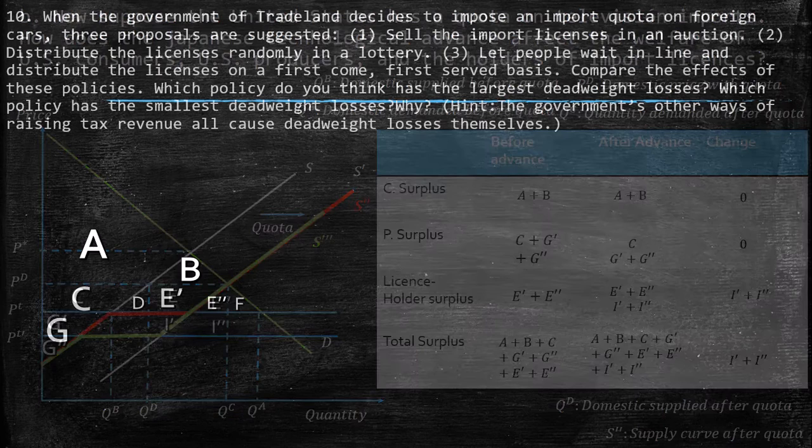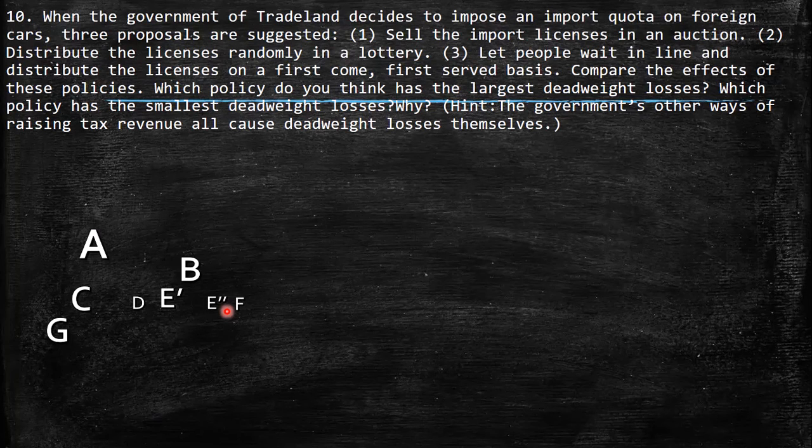Okay, question 10. When the government of Trade Land decides to impose an import quota of foreign cars, three proposals are suggested. First, sell the import licenses in an auction. Second, distribute the licenses randomly in a lottery.